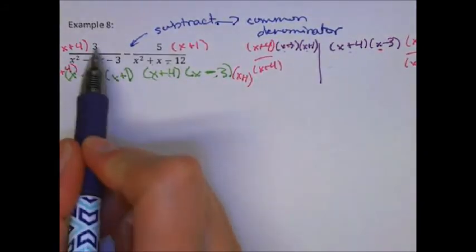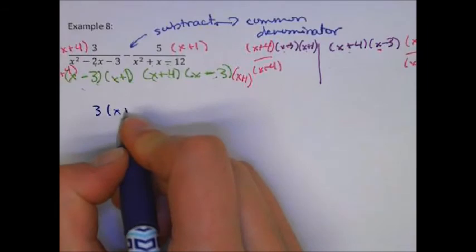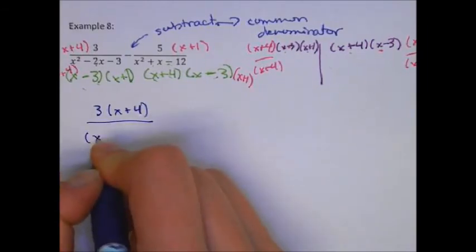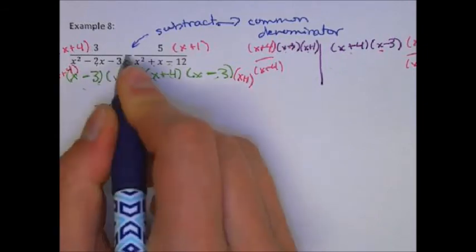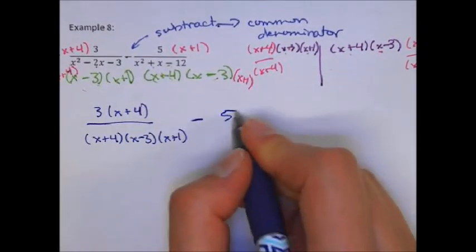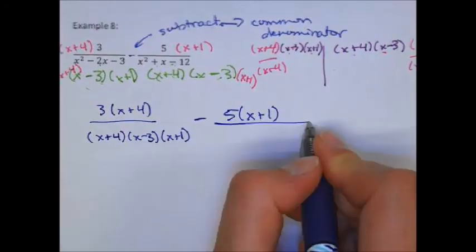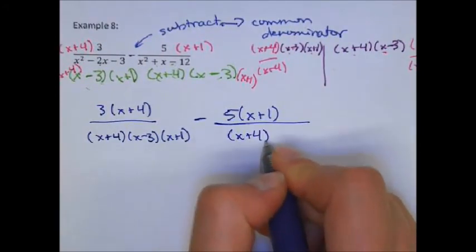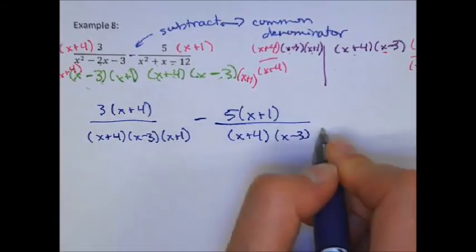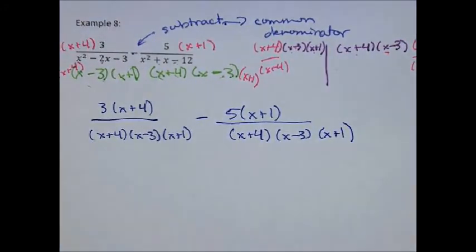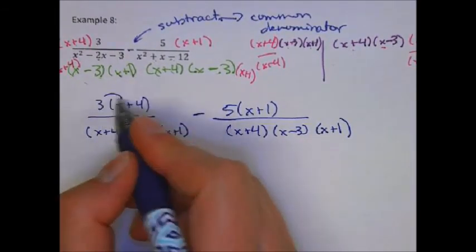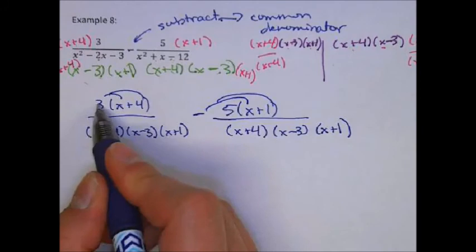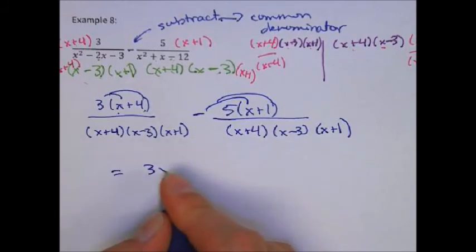So I get 3 times x plus 4 over x minus 3, x plus 1, minus 5 times x plus 1 over x minus 3, x plus 1. So what do we get? Now we distribute. So I get 3x plus 12.